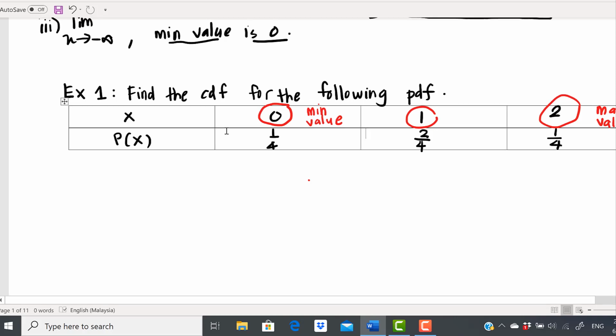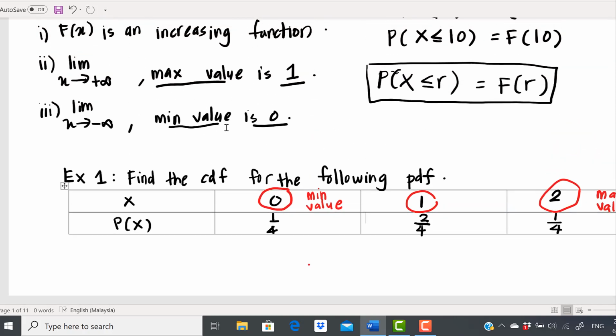Okay, now the property says that when the limit of x approaches positive infinity, that is equal to 1. That means the probability of x greater than or equal to 2 is equal to 1.